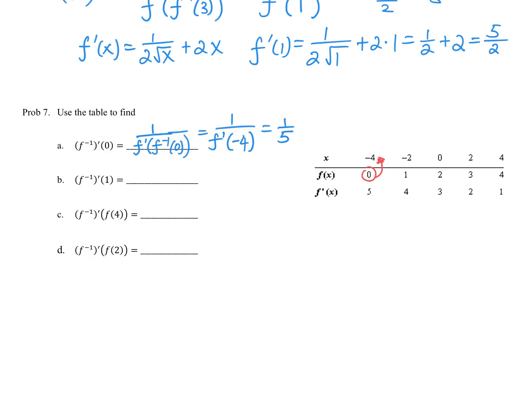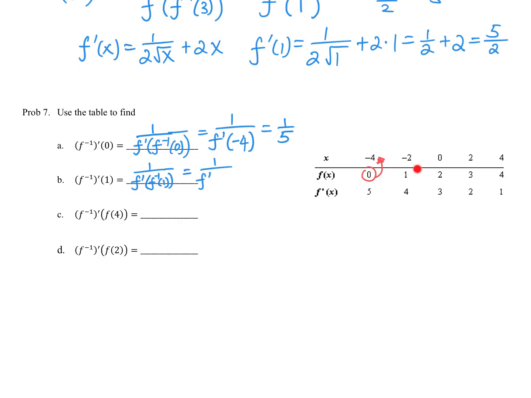Now, for the next one, it's going to be 1 over f prime of f inverse of 1. So we need to figure out what x value, so that f of x is equal to 1, right? So f inverse of 1. The x value is -2. f of -2 is equal to 1.